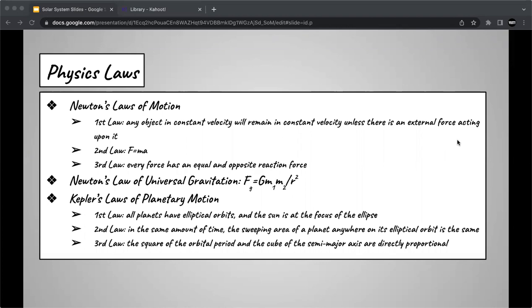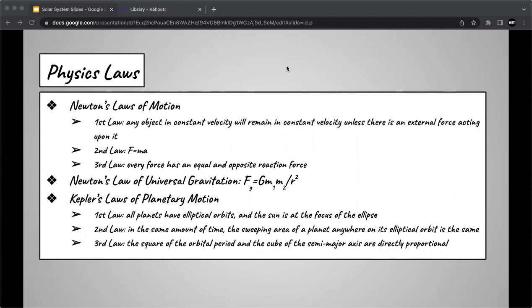So we know the net force is mass times acceleration. And the third law describes action-reaction pairs, which are basically for every force there is an equal and opposite reaction force. Equal means an equal magnitude, opposite means just opposite direction.